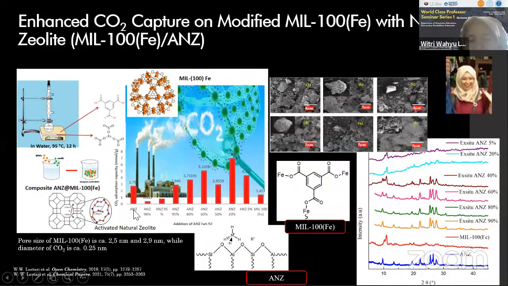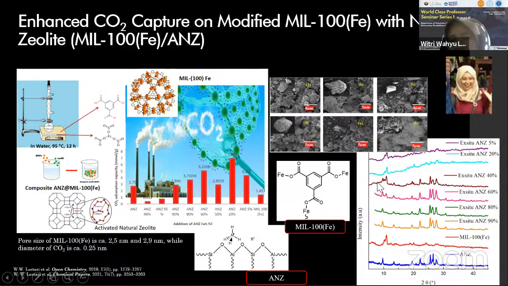If we use the activated natural zeolite from near our city, from Yogyakarta, it has a carbon dioxide absorption capacity of around 2.75 millimole per gram. But after we combine it with this type of MOF, MIL-100 Fe, the absorption capacity is significantly increased, 3 times from the initial material.